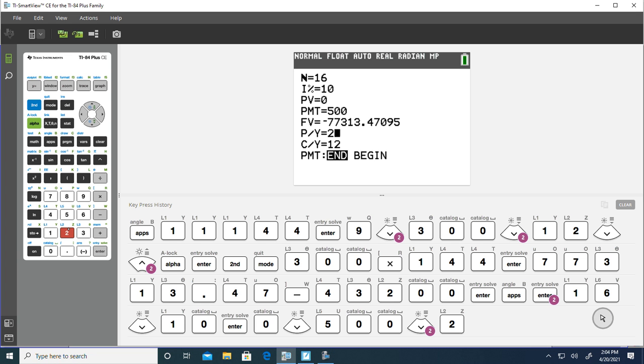Twice a year, right? And it said it was compounded semi-annually. Okay, so I move that down. That changes to 2 as well. So the future value, so this person, I guess their son, I'm going to go alpha, enter. So that kid at the end is going to have $11,828.75, even though the parents only put in how much?